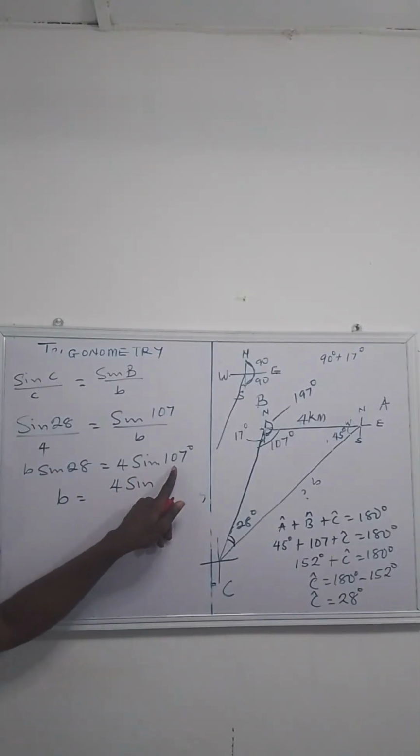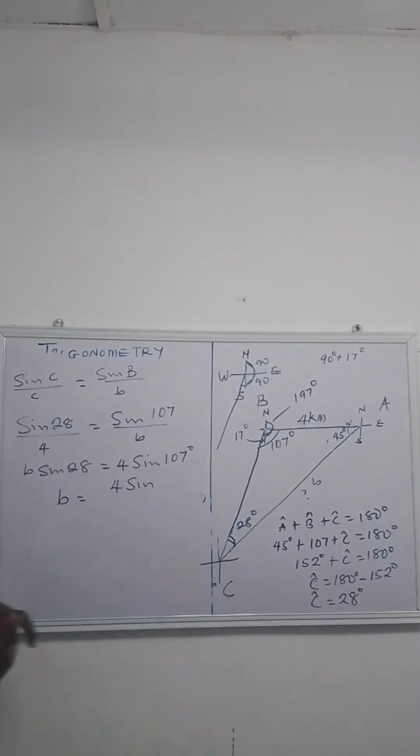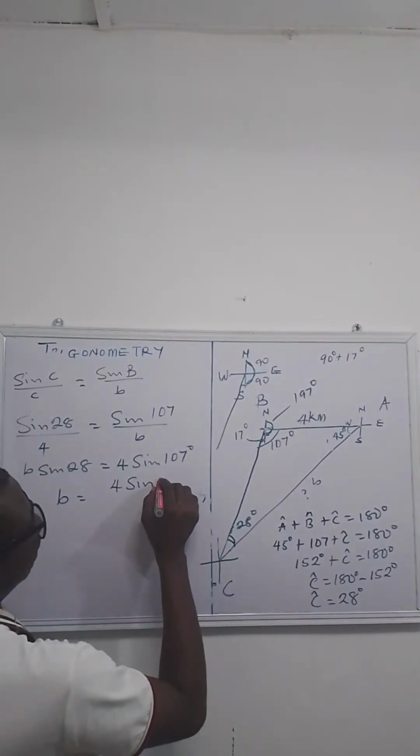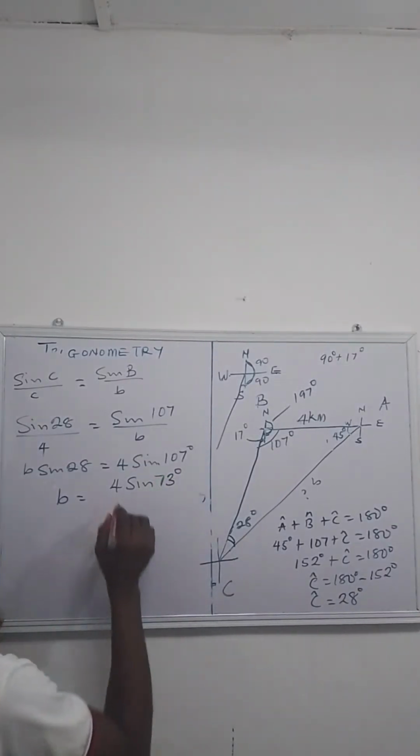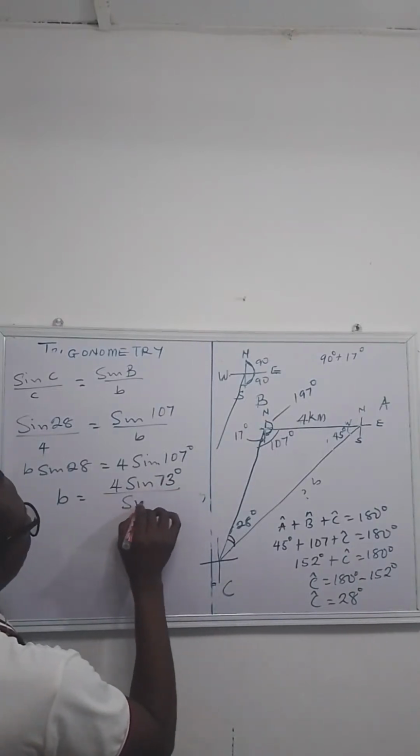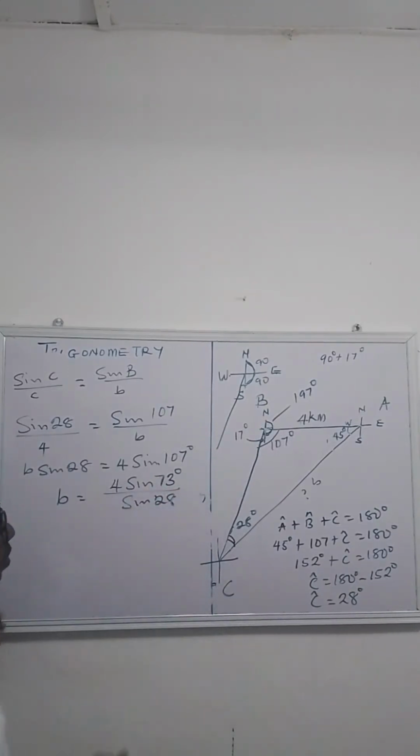If I'm making use of my four-figure table, I have to take 107 from 180, because I can't check 107 directly on my four-figure table. Once you take it from 180, you have 73 degrees, everything all over sine 28.